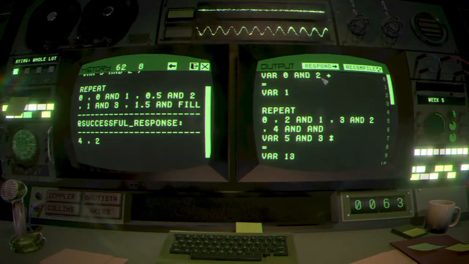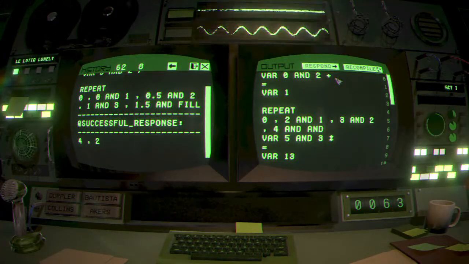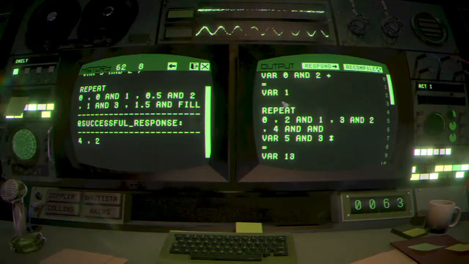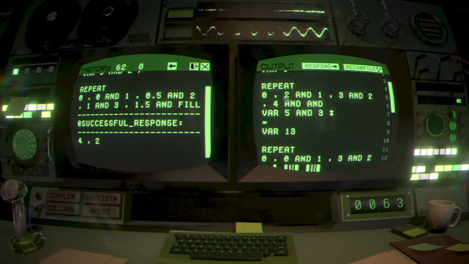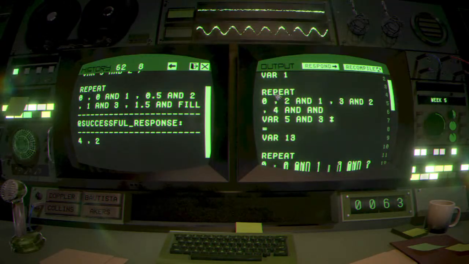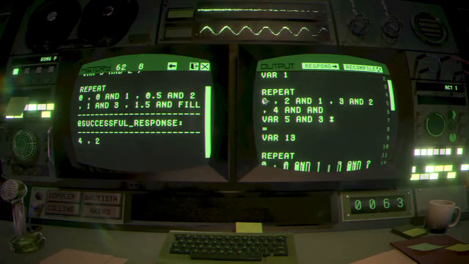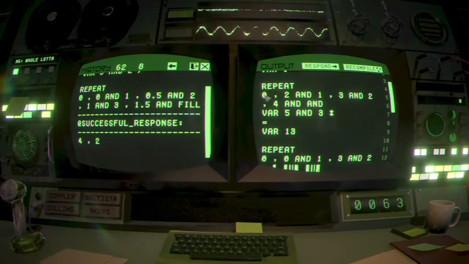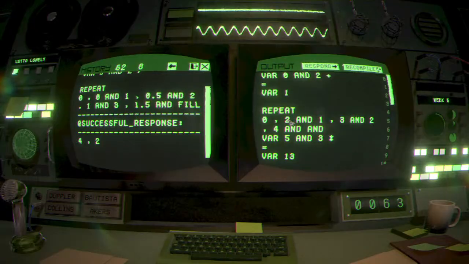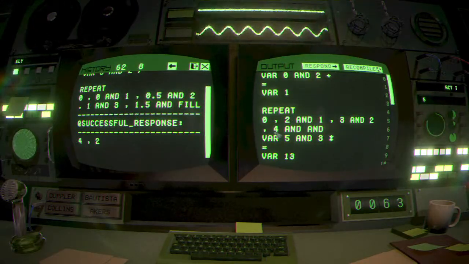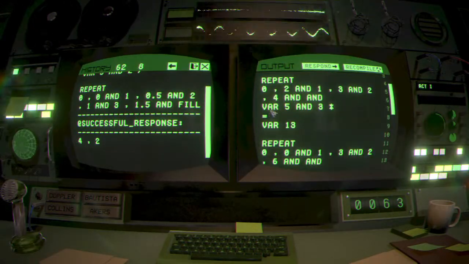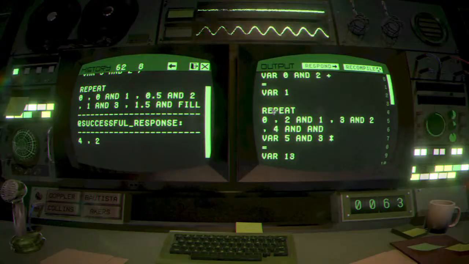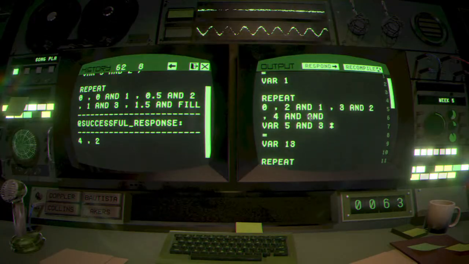Variable 2 and 2 added together is equal to variable 1. Okay. So 0, 2 makes sense. 1, 3, 2, 4. Okay. So they're just telling me something.